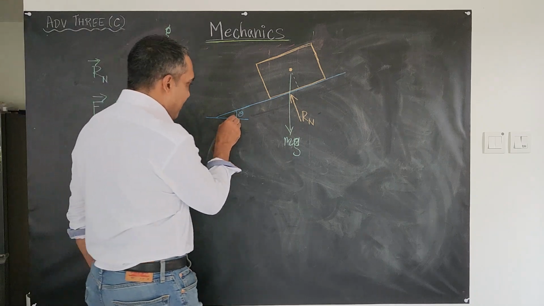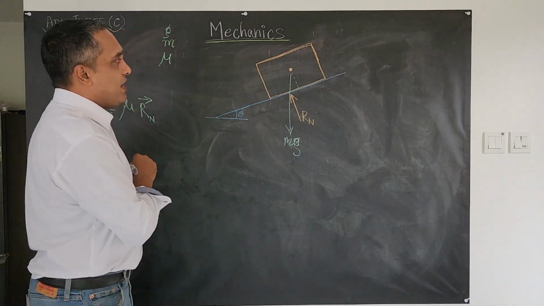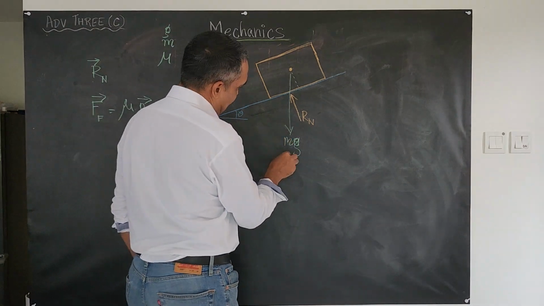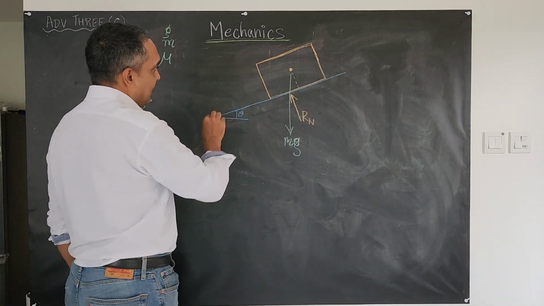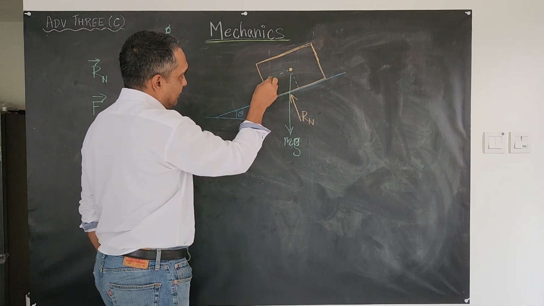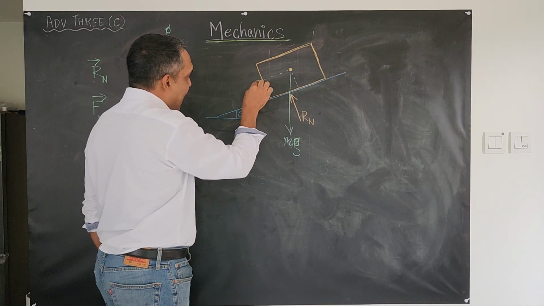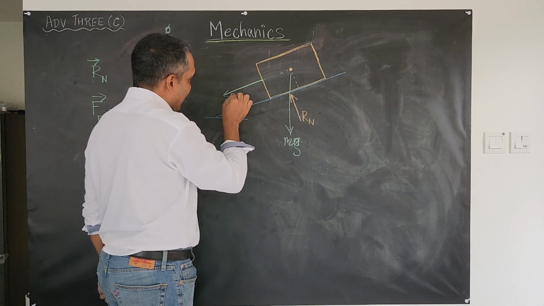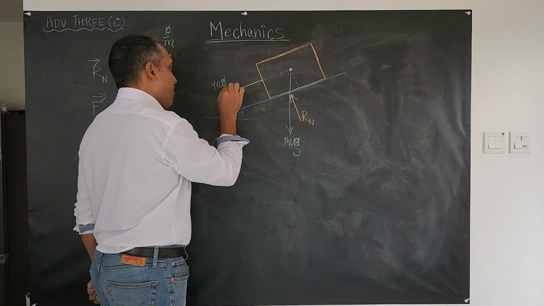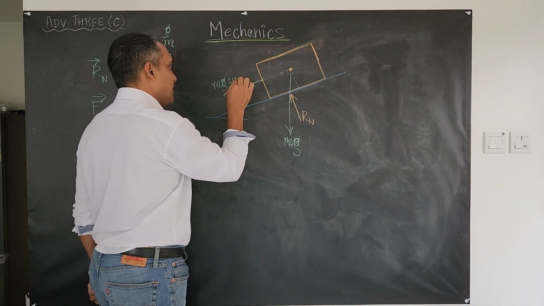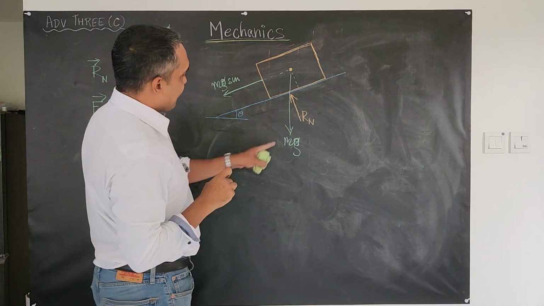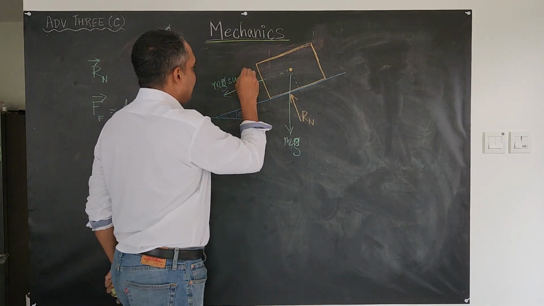If this is on a plane theta, where it is about to move, what's happening is you do have mg, which means there is a force almost acting as if it's pulling me down here, which we know very well from all our previous work is mg sine theta.